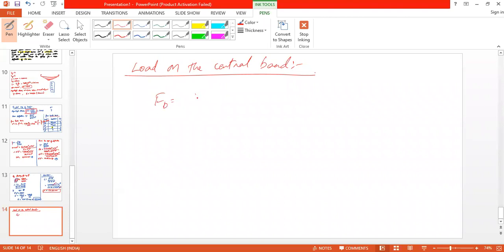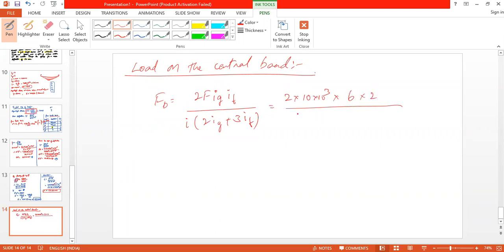That is FB, that is equal to F I G I F divided by I into 2 times I G plus 3 times I F. So that is 2 into 10 into 10 power 3 multiplied by 6, the number of graduated leaves, and 2, the full length leaves, divided by 8 into 2 times 6 plus 3 times 2.